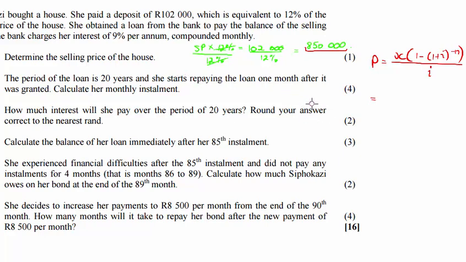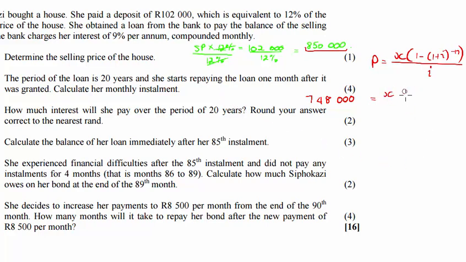It can't be 730, it must be 738. No, 748. Yes, 748. The selling price is not the loan amount. You get that? Selling price, we still have to deduct the deposit.